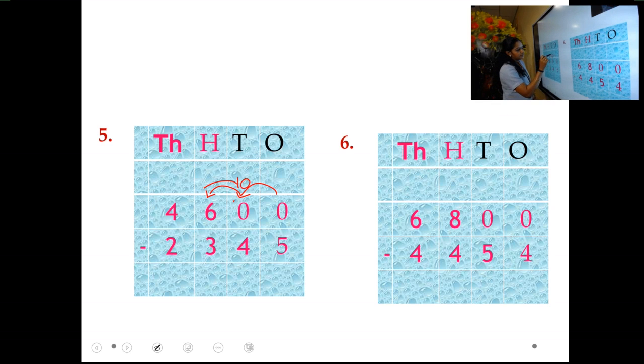From here, this 0 will take. So this 0 will become 10. And we are taking one number from here, so this 10 will become 1 down, 9. And here 6 became 1 down, 5. So 10, 9 and 5. These are the new numbers.